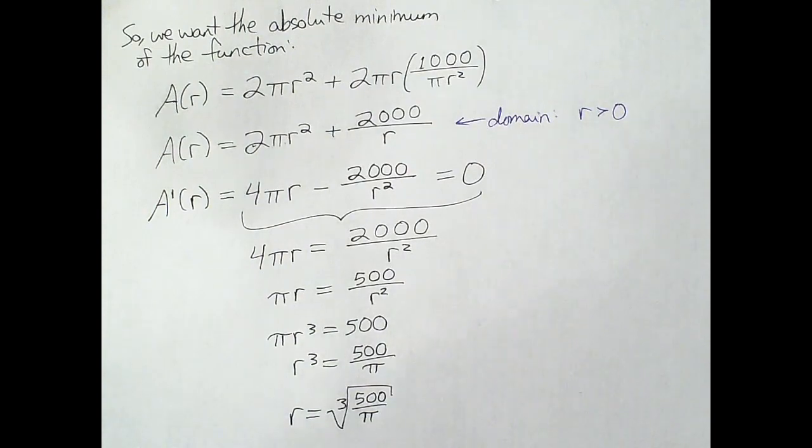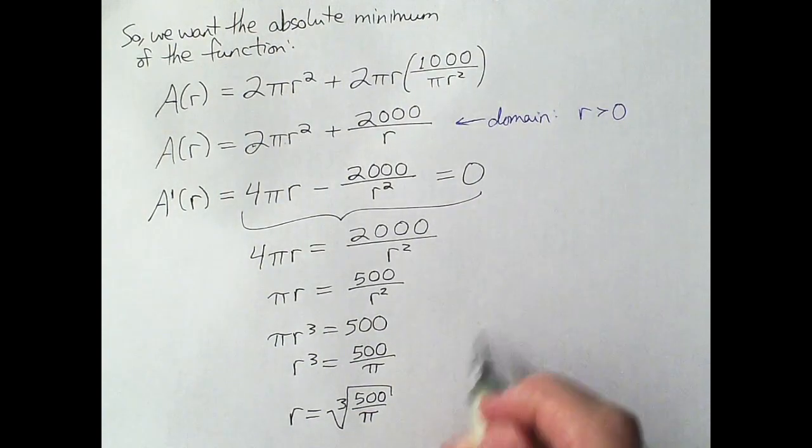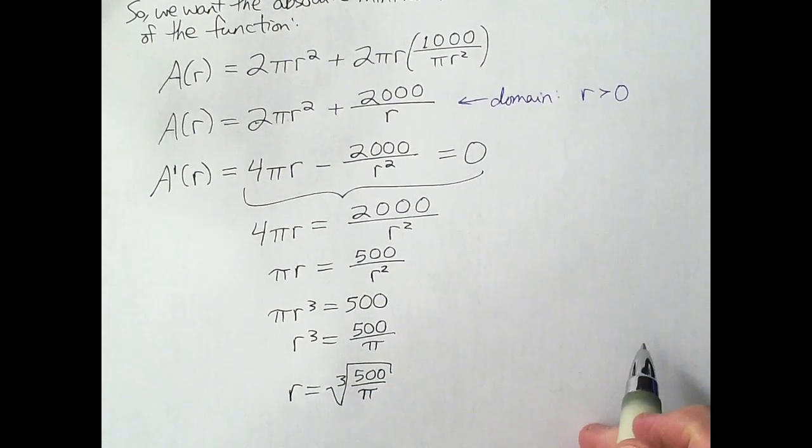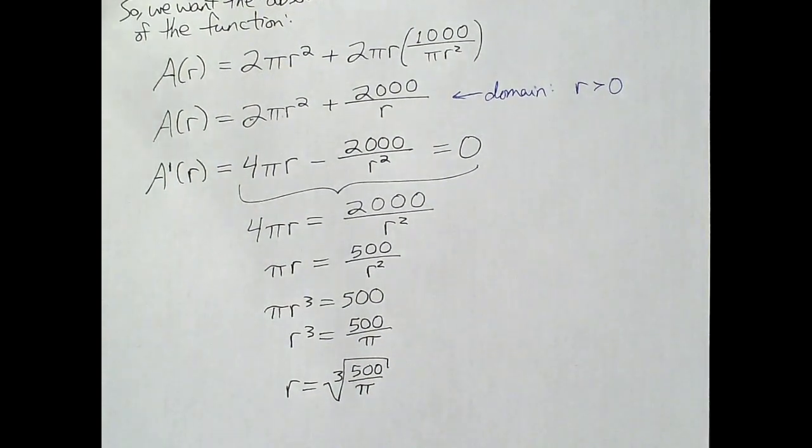Is this an r value where a minimum occurs? Well, can we even figure out, like, roughly in our head what this is? If we say pi is around 3.1, so 500 over that, what's that going to be?